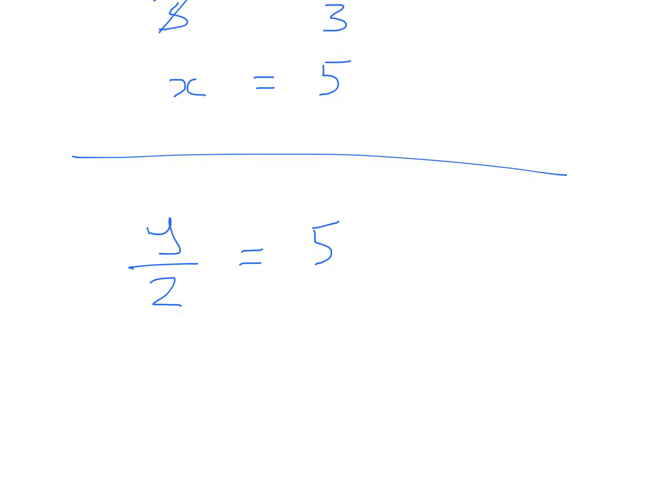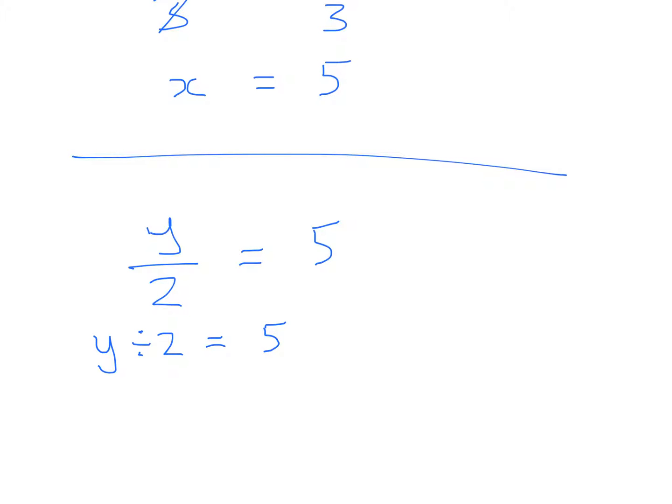Okay, that fraction part there, the over 2 bit, that's our coefficient in this case. So we could easily say that, using the guess and check method, y must be 10, because 10 divided by 2 equals 5. But we've got to do this in an orderly algebraic way to show that we understand what's going on with this. So if we were to rewrite that, we would write y divided by 2 equals 5.